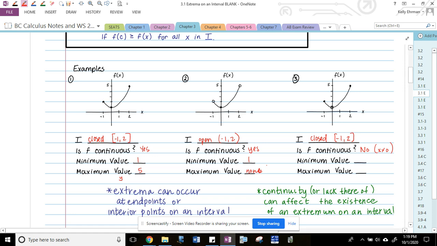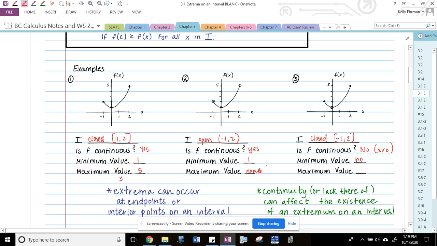If the minimum value is a hole in the graph, then we don't have an answer, because I could keep including more decimal places. You might say the minimum value is 1.0001, because that's just above 1, which is where we are.